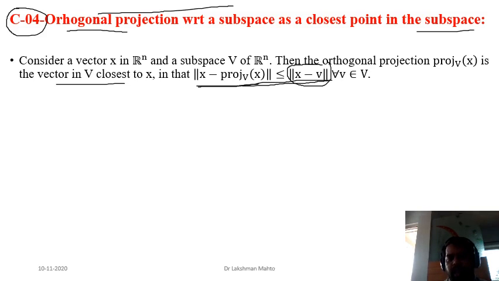This small v is an element you take from the given subspace V, and it gives the least value when v equals the projection of x. So that's where it is talking about the closest point.